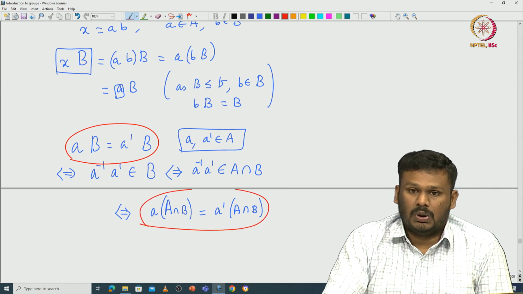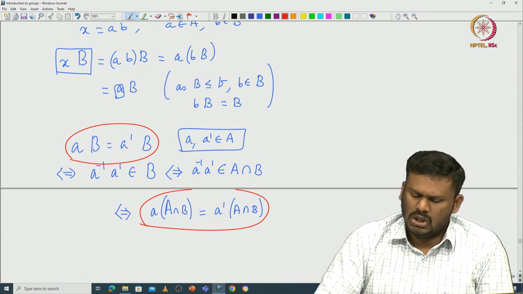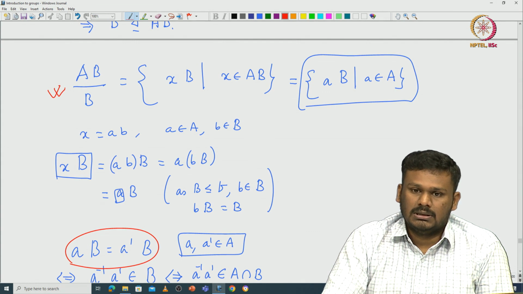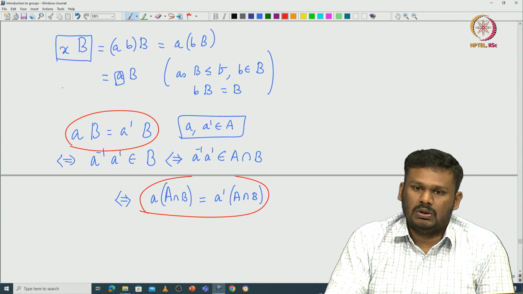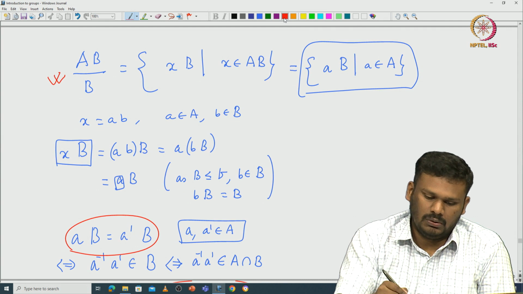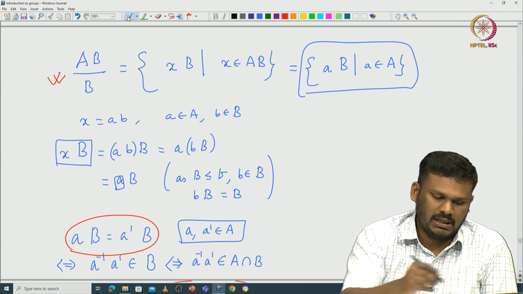Okay? That is what motivates us to actually look at A modulo A intersection B, because two elements in this quotient being equal is the same as saying that two elements are equal in A modulo A intersection B. Okay? So, what did we indeed prove? We proved that, let me just write it using A only.